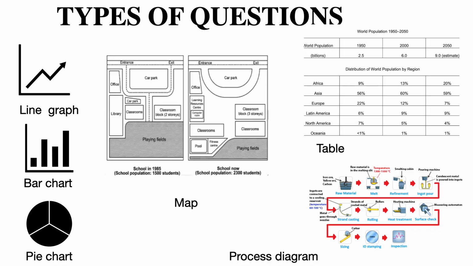For example, how coffee is produced or how plastic bottles are recycled. So remember, in academic task 1, you don't give opinions. You simply observe, analyze, compare, and report information accurately. That is the key to scoring high.